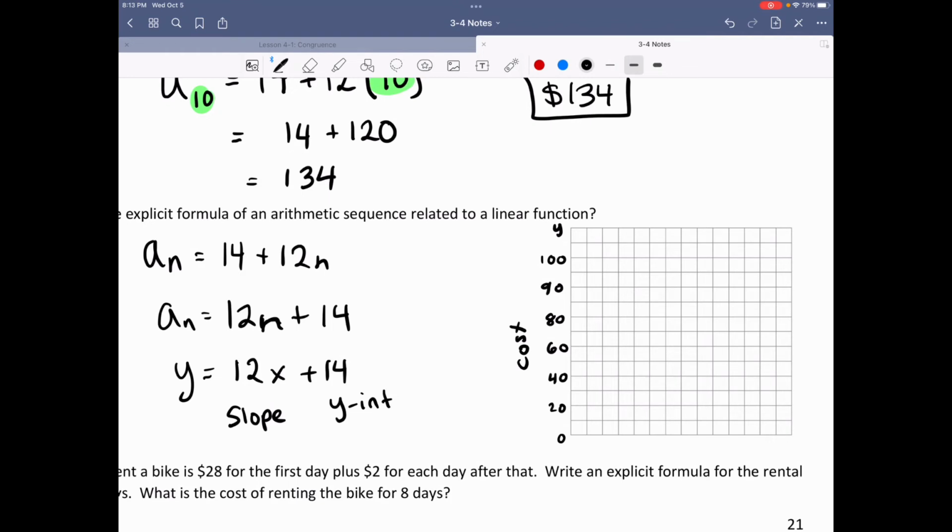And the x values, I'm going to count by 2s by skipping a line. So skip a line 2, skip a line 4, 6, 8, 10. And then I'm going to graph.